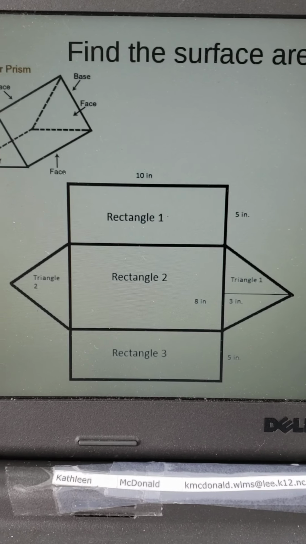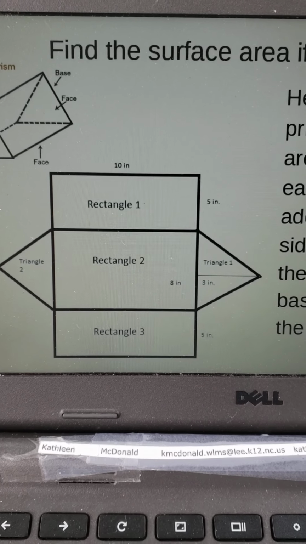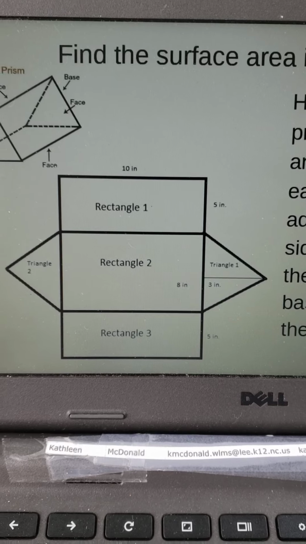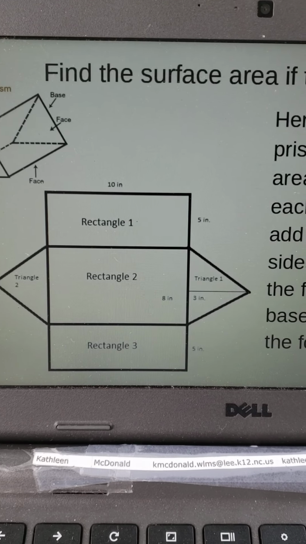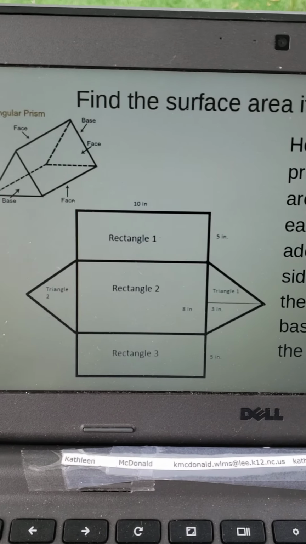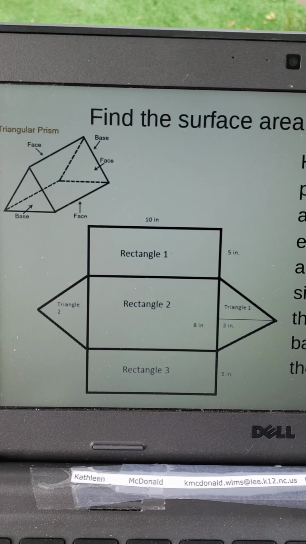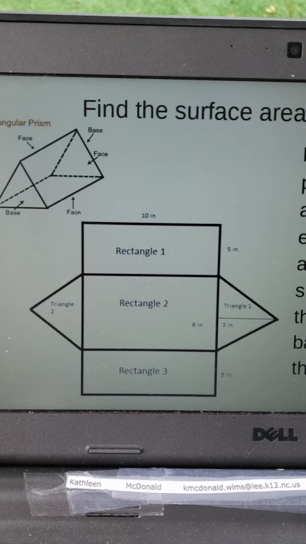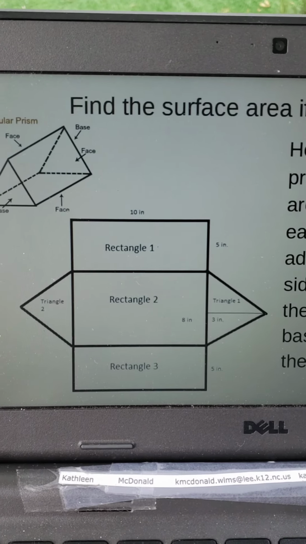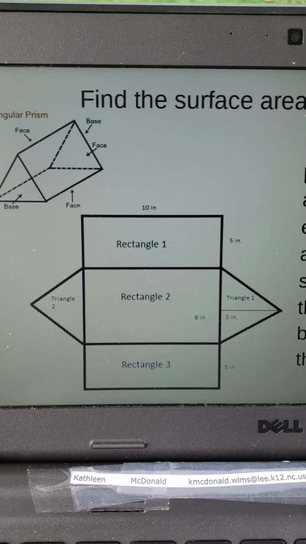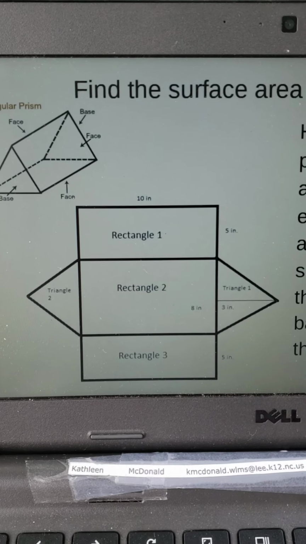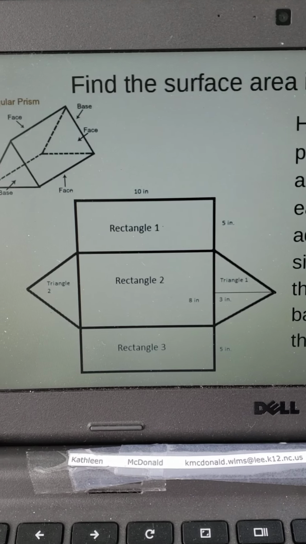So starting with the rectangle, we know we have one rectangle that's 10 times 5. Actually, we have 2 of them that are 10 times 5. So that would be 50 plus 50 would be 100. Then we have the middle rectangle.